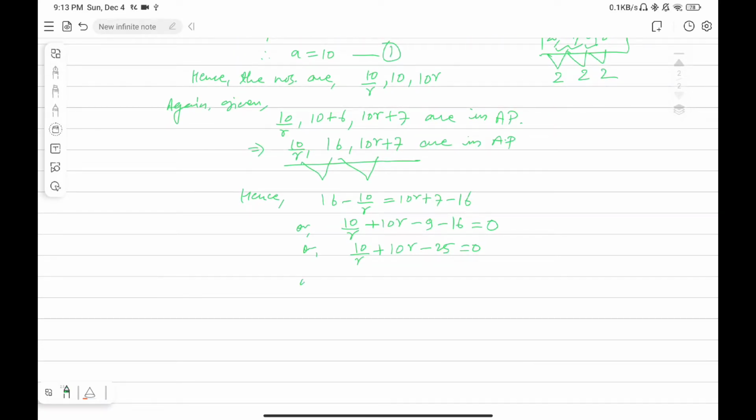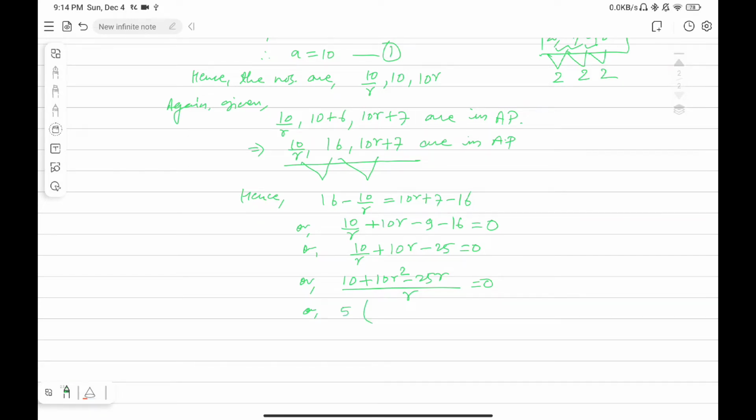Let's take the LCM here. We get 10 plus 10R squared minus 25R, all over R, equals 0. This is simply 5 common.